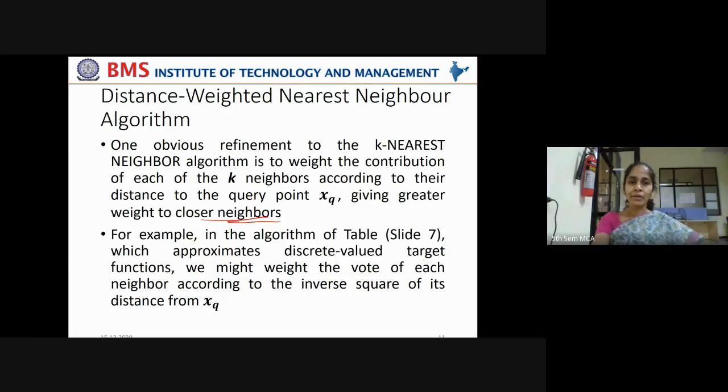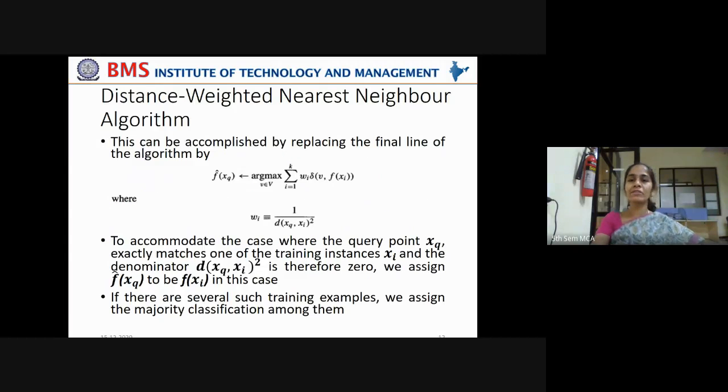and all the far neighbors will be given lesser weight. Now, for example, in the algorithm in the table we saw on slide 7, which approximates discrete value target functions, we might weight the vote of each neighbor according to the inverse square of its distance from xq. How is this done? Mathematically, it is represented like this. This can be accomplished by replacing the final line of the algorithm. How do you replace it? By adding this weight factor.